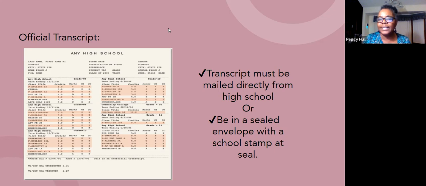So that would be put in a sealed envelope. Some scholarships will have you order it from the school, and it will be mailed directly from the school to the scholarship organization, which means that when you order the transcript, you need to know who the organization is, their address, is there a contact person they need to put on there, and a date that it has to arrive.